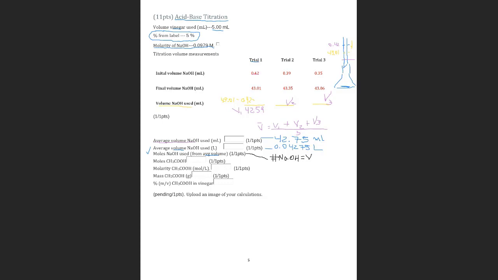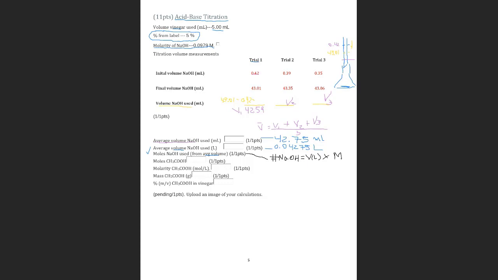In order to calculate the number of moles of sodium hydroxide, we just multiply the volume that we use in the burette, the average volume in liters, times the molarity of the sodium hydroxide.